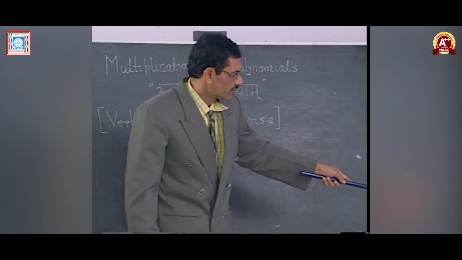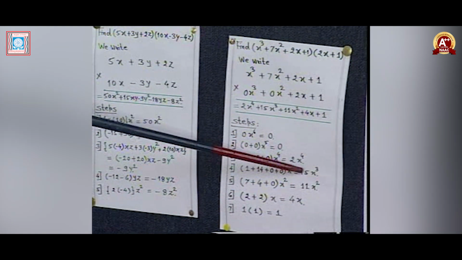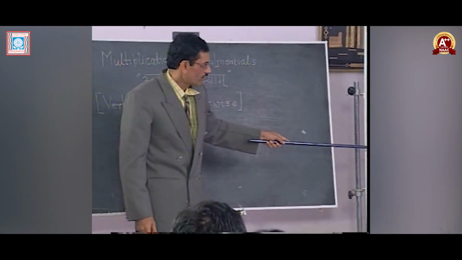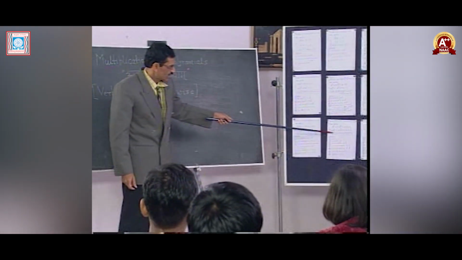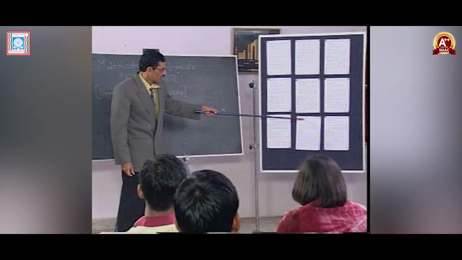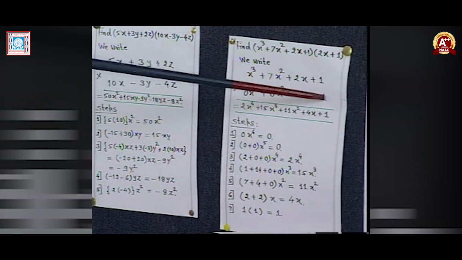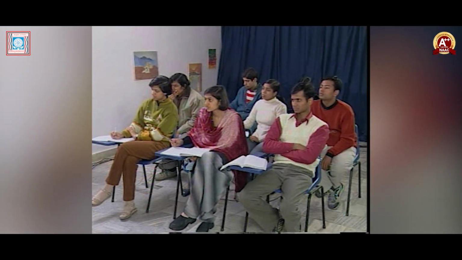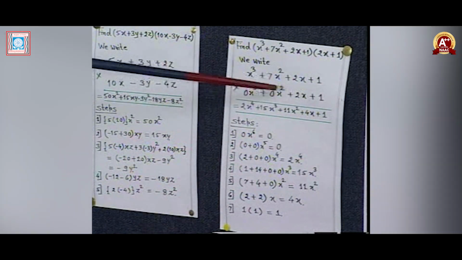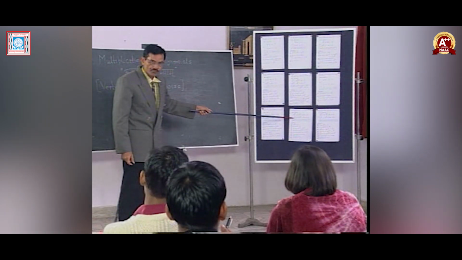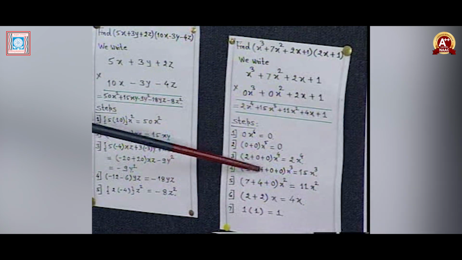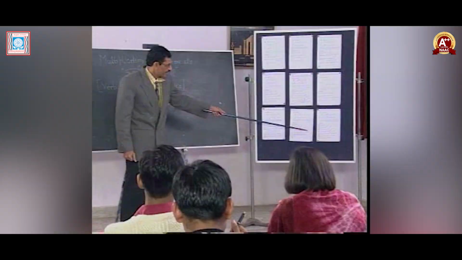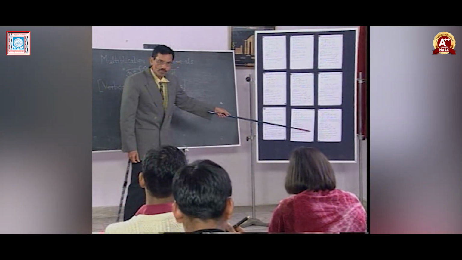That gives 2x to the power 4. Then what will be the next one? 1 into 1 plus 7 into 0 plus 2 into 0 plus 1 into 0. That gives 1 plus 14 plus 0 plus 0, that gives 15x cube.